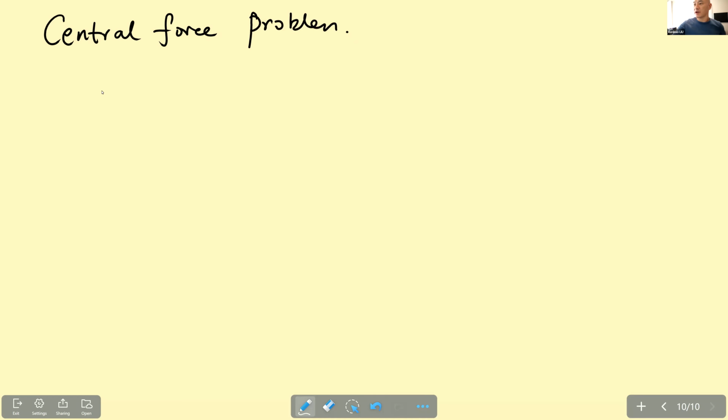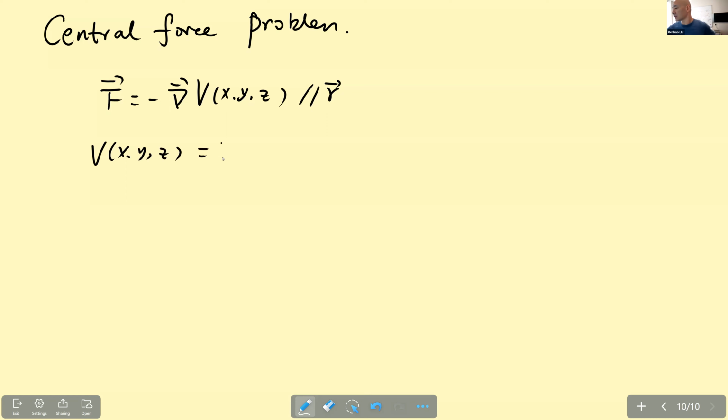Right. So we know that force equals to, right. So if this is a central force, so this one is parallel to R. So that means this V(x, y, z) must be a function of r only. So it's independent of theta and phi. Okay.